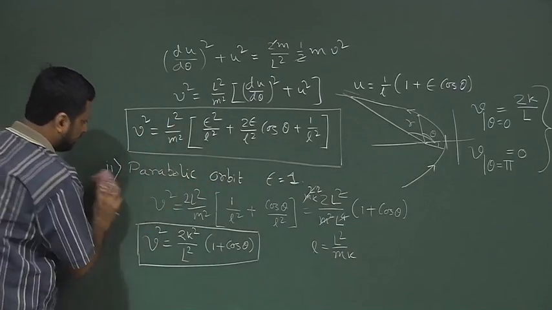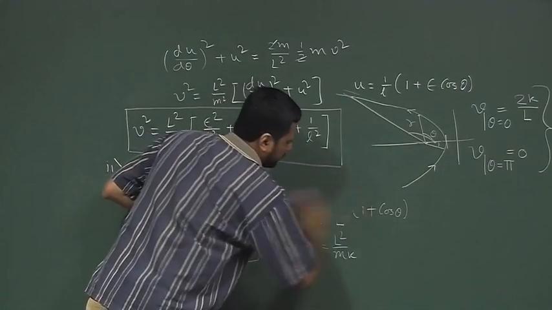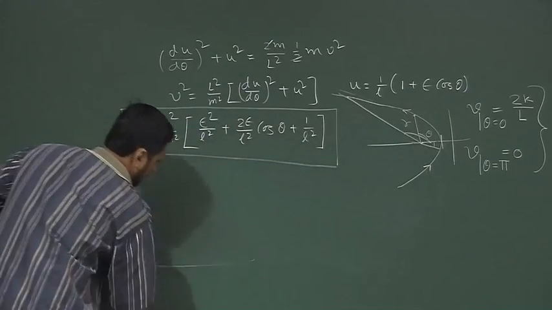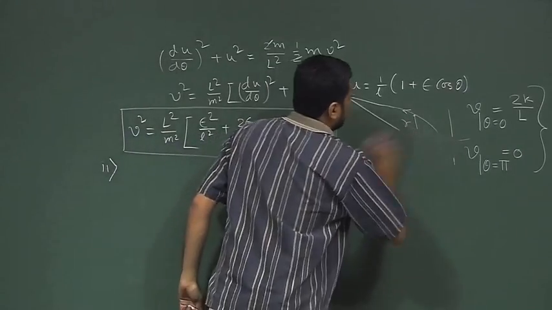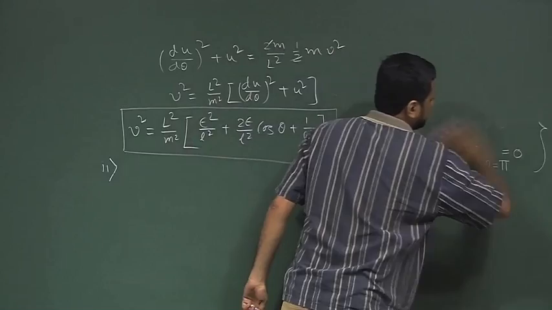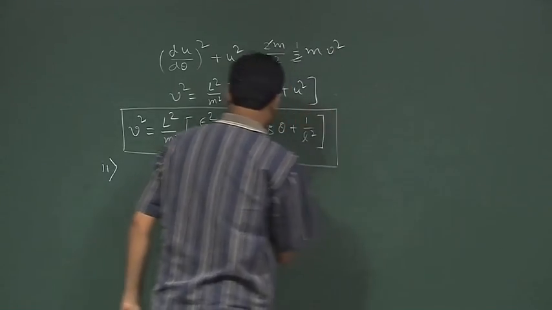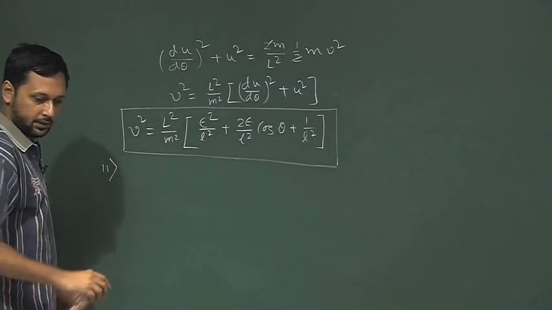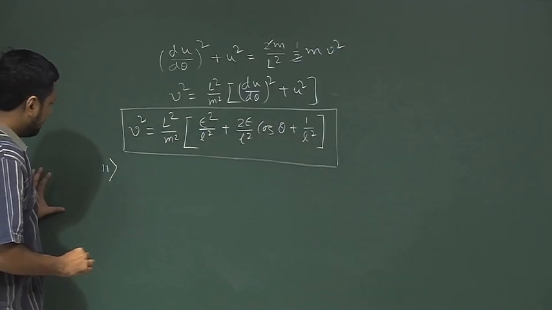So, we did the second part, we have to now go back and do it for an elliptical orbit. Same velocity expression, same everything for the elliptical orbit.